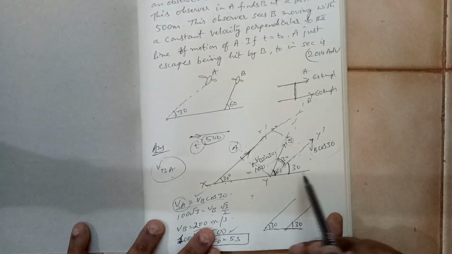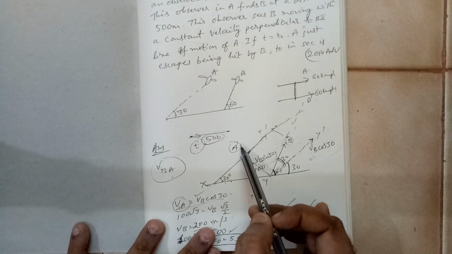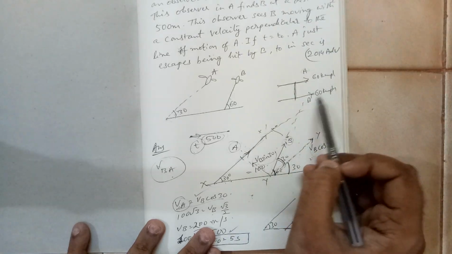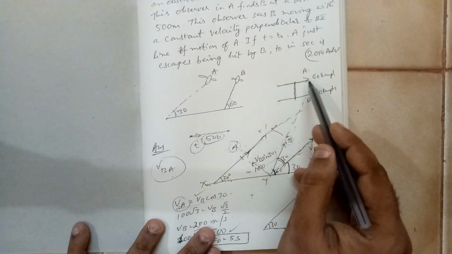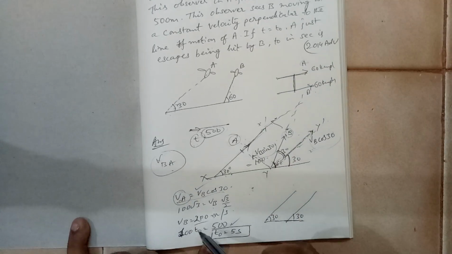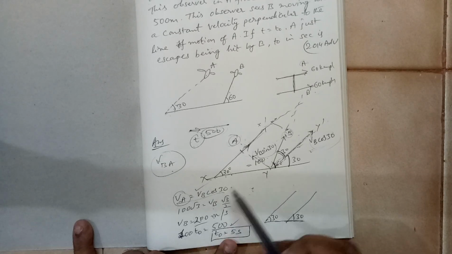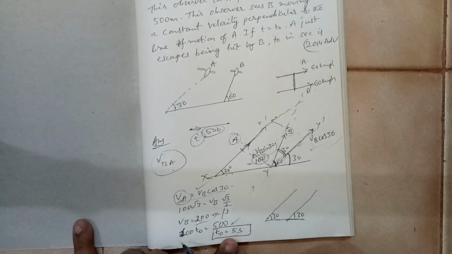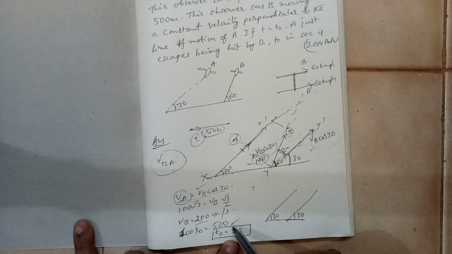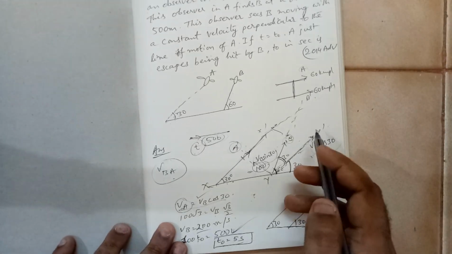Why? Because VB cos 30 and VA are parallel to each other, so the vector which is perpendicular to this will be perpendicular to this also. So you get VB sin 30, which is 200 into 1 by 2, 100. So 100 into t0 is equal to 500, or t0 is equal to 5 seconds.